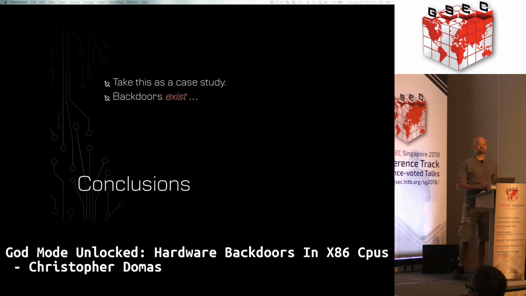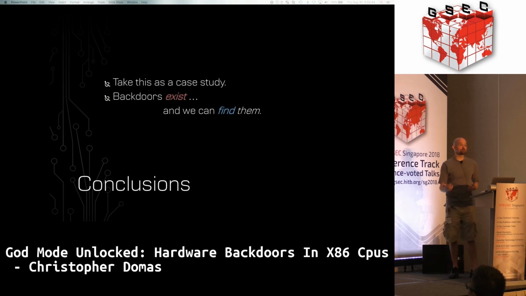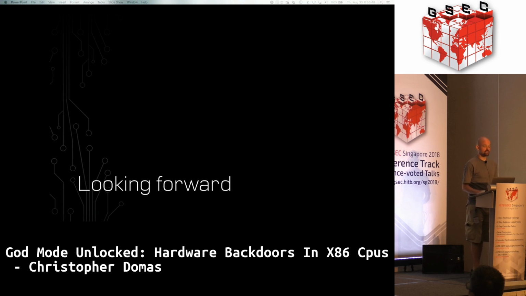So at the end, I think we should take this sort of as a case study. The reality is backdoors do exist. It's not just conspiracy theory stuff. This is a real problem. But even when we're dealing with black box systems, we do have the capabilities to find these kinds of things.